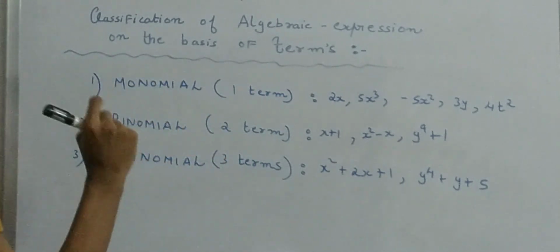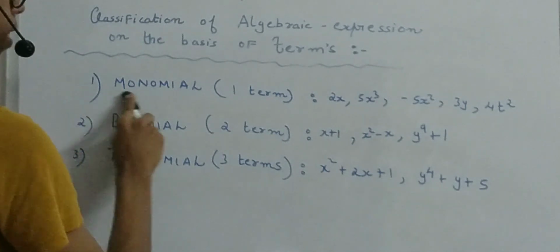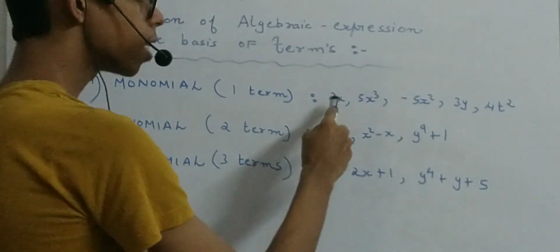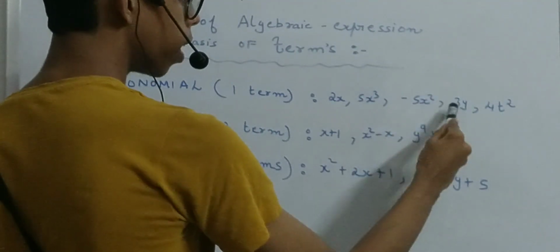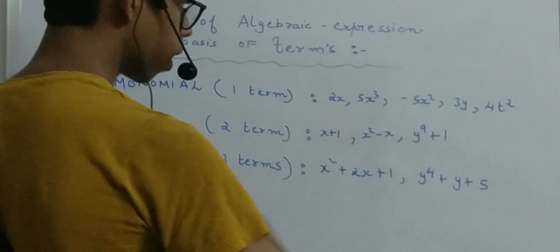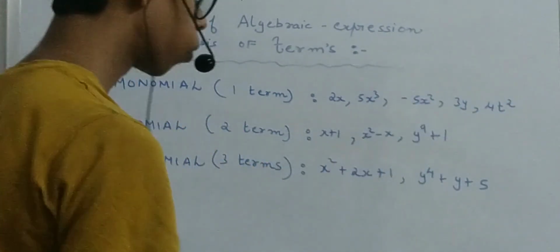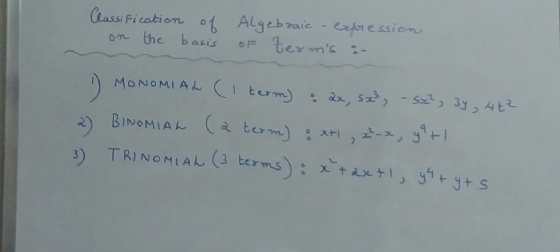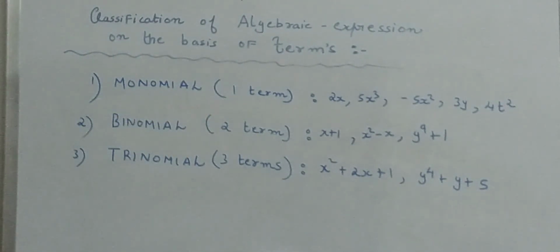So if an algebraic expression consists of only one term, we call it a monomial. Just see the examples: 2x, 5x cube, minus 5x square, 3y, 4t square. All of these have only one term, a single term. So we call such algebraic expressions monomials.